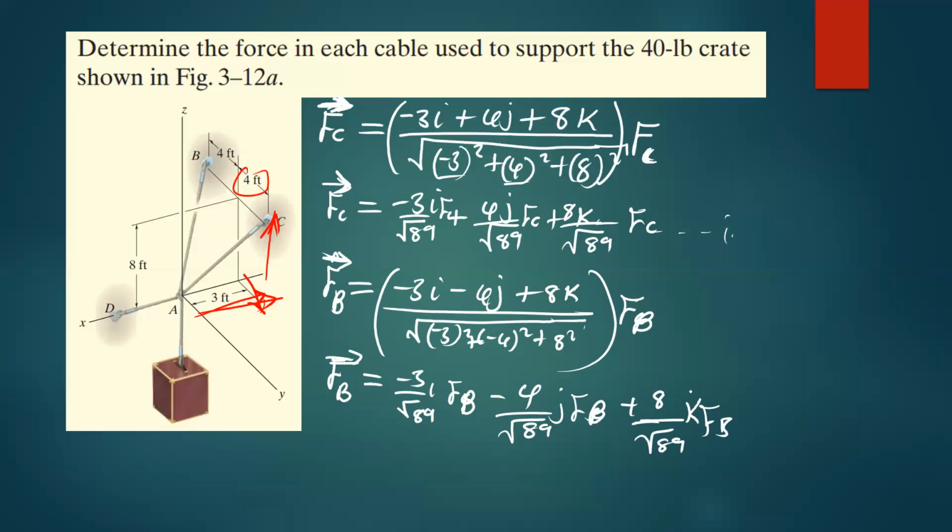Then after doing that, we also find the position vector along the force or the cable D. FD is only in the x-axis, and it has the magnitude of what?